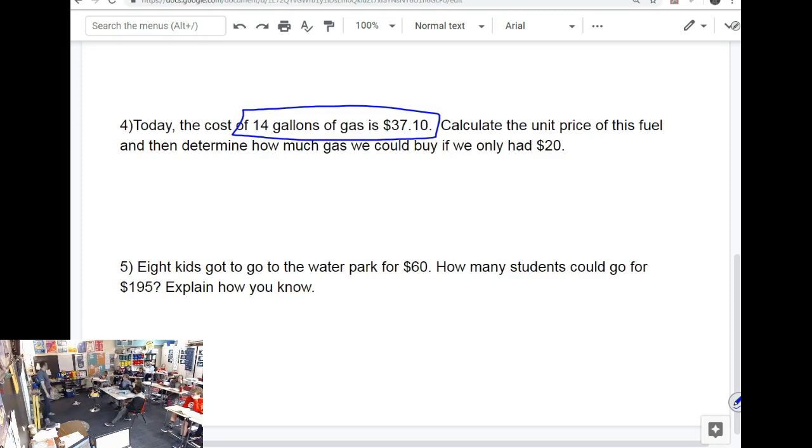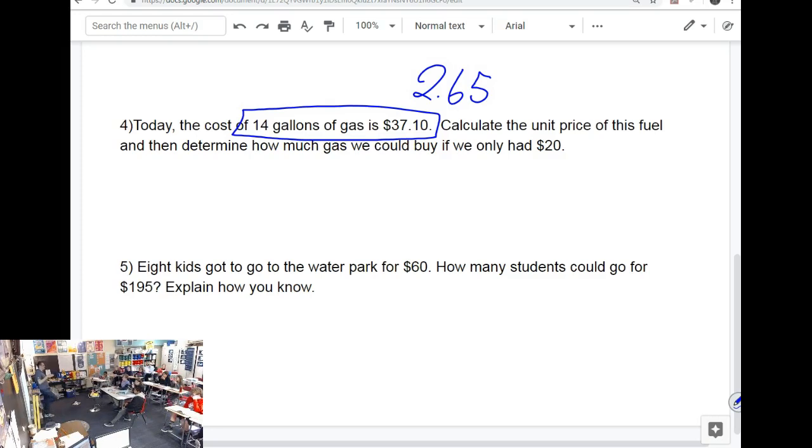This, as true last week, gas was $2.65. Now, a couple people solved this in interesting ways. Guys, you can buy any amount of gas down to the thousandths of a gallon. So those of you who gave me a whole number 7, you didn't need to make it a whole number, but it was about 7.5, right?